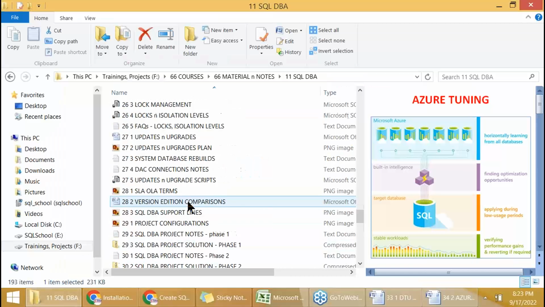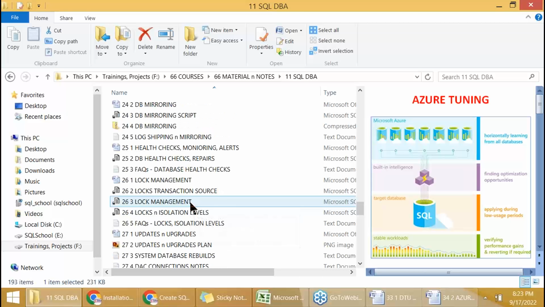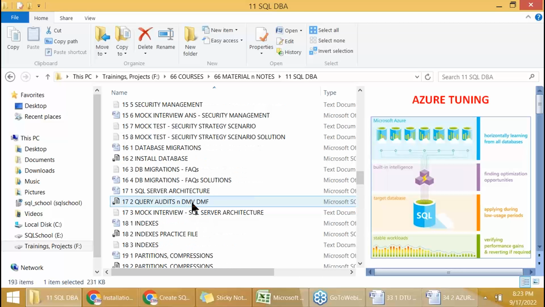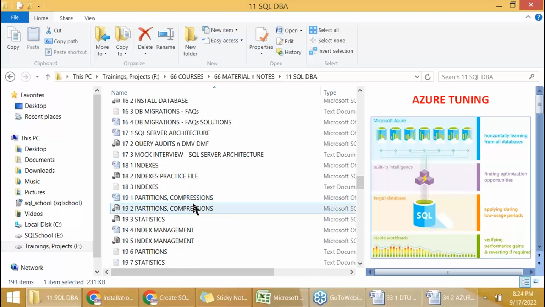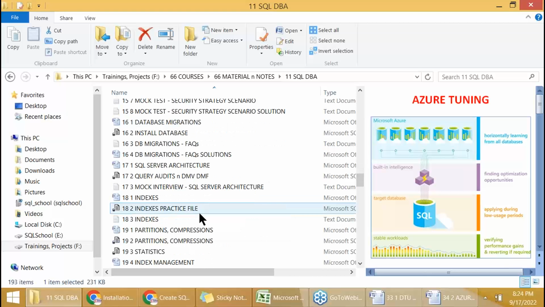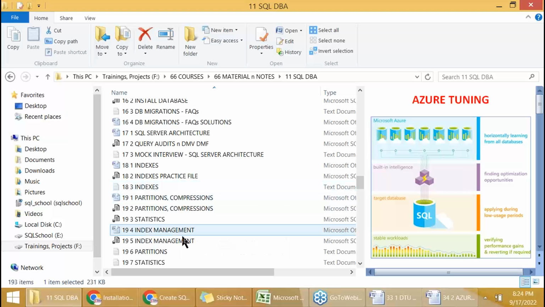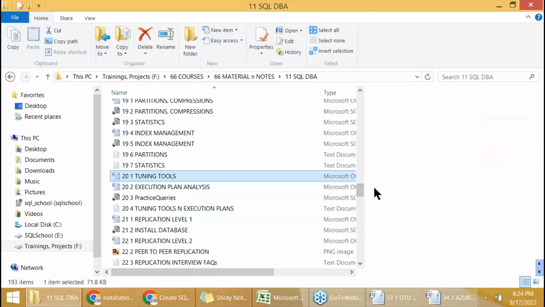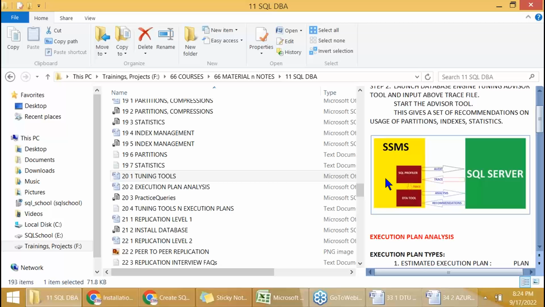If it is an on-premise environment, what do we do to get the recommendations? Yes, we are aware of on-premise. We run the profiler, get the workload, and then publish the workload to the DTA tool and get the recommendations.